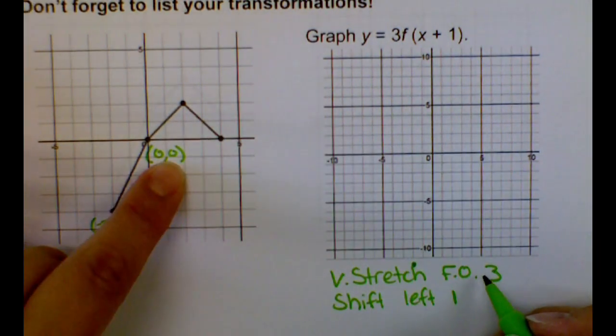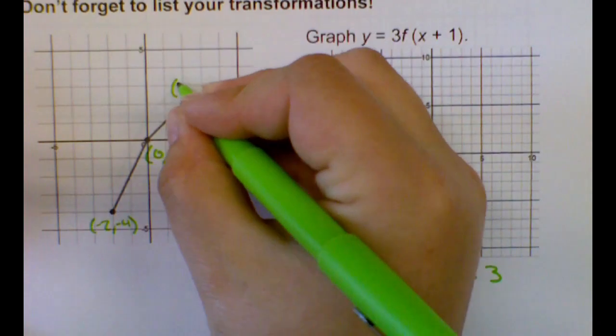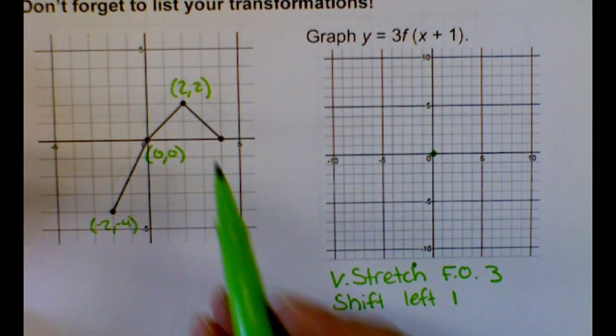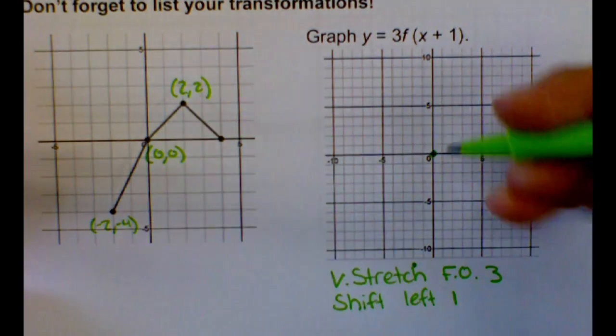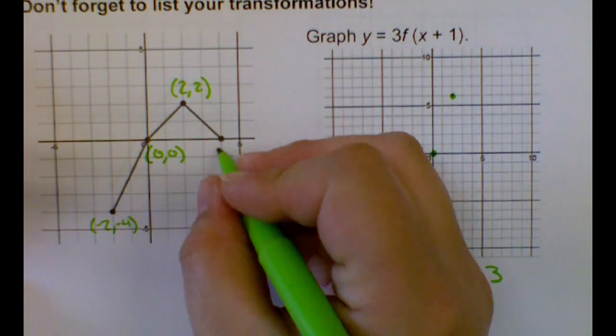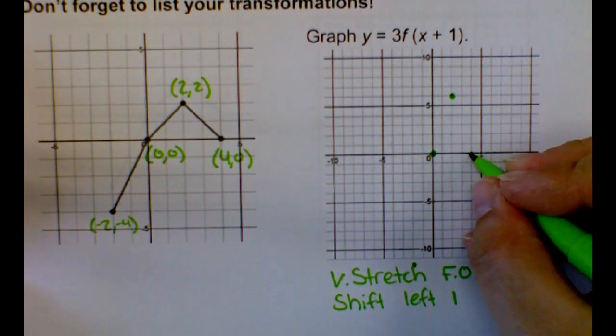Multiply my y value by 3, it's still (0, 0). (2, 2). Multiply my y value, because it's vertical, by 3, which makes (2, 6). And then (4, 0). Multiply the y value by 3, it's still (4, 0).